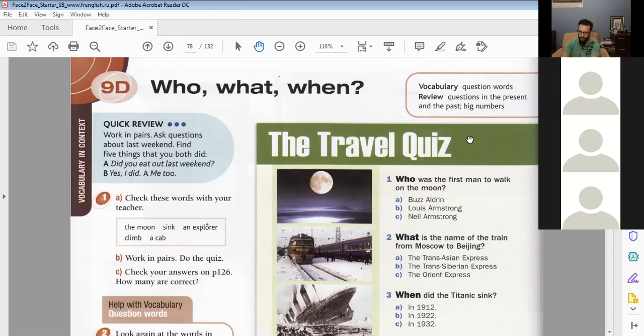Correct. So when, how, who, what, where, which, why, all of these are WH question words. So in this lesson, we are going to talk about questions in the present and in the past.